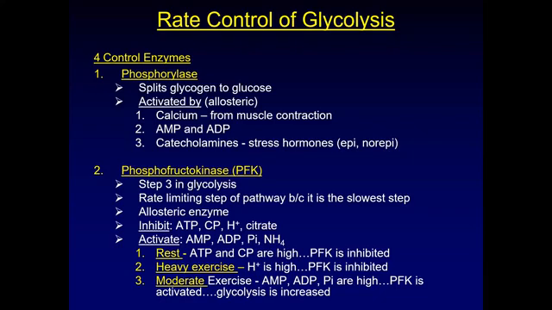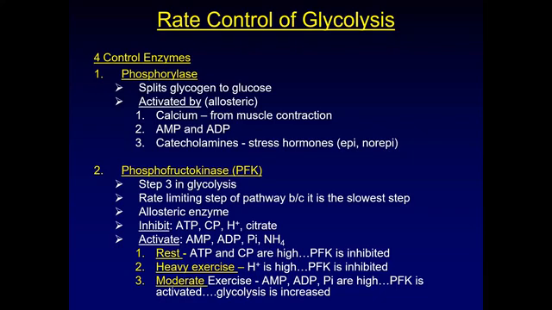We get a lot of calcium turnover with muscle contraction. Where do we get a lot of ADP appearing? During muscle contraction. We'll see it on Friday. Guess what happens when we start exercising to epinephrine and norepinephrine? They go way up.